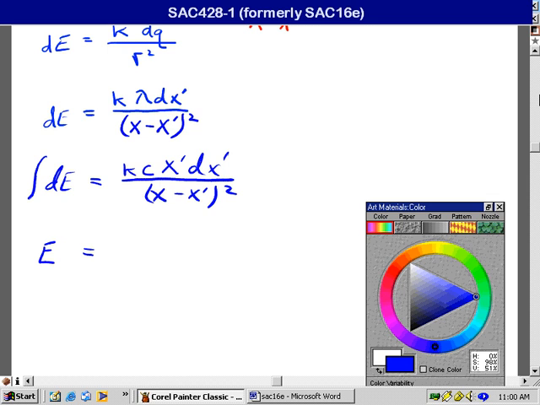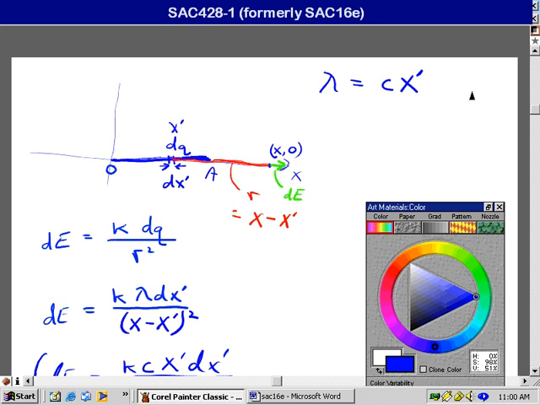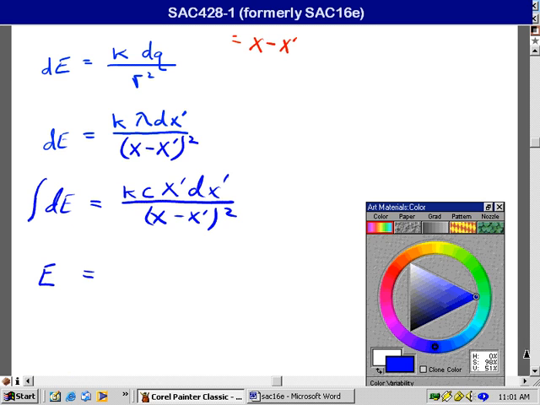And on this end, what I'm summing over, remember, was all the little bits of charge along that line of charge. It's these dq's in here, and their positions run from 0 up to a. So the limits of integration are 0 to a.